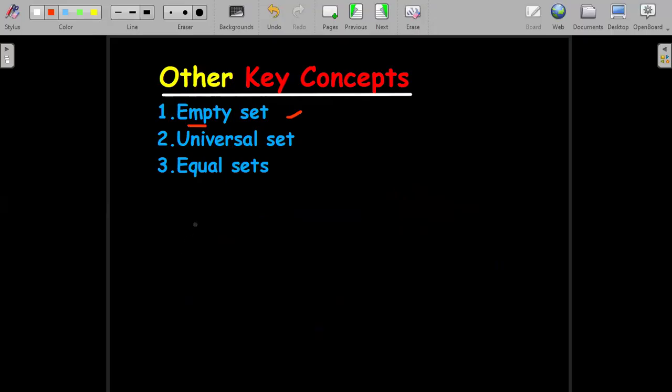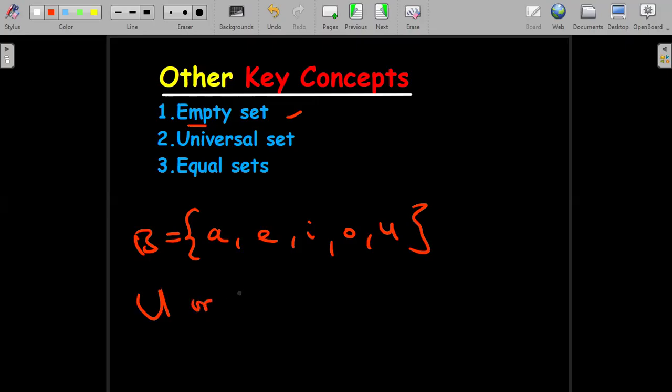Let's say, like the previous example where we were talking of vowels, we have the set B: A, E, I, O, and U. Then the universal set, which is usually denoted as U, or at times denoted as E, is the set that contains all these other elements, and even other elements.